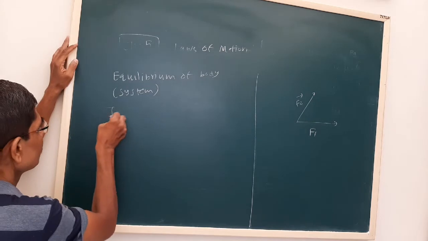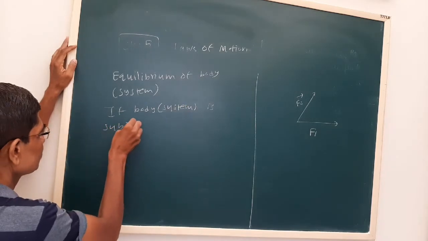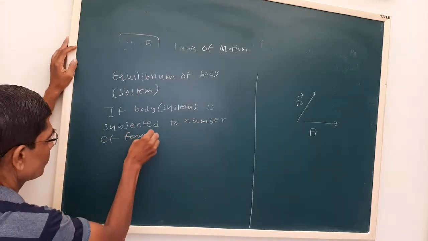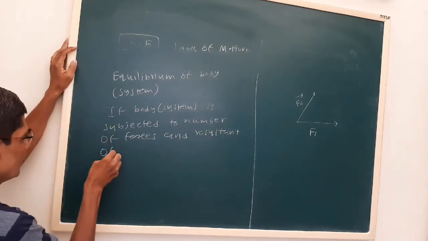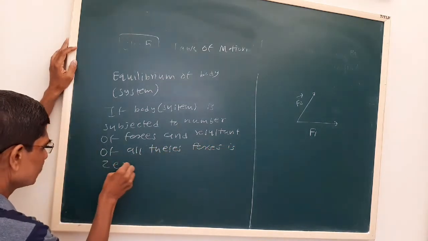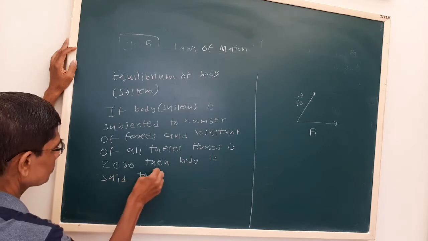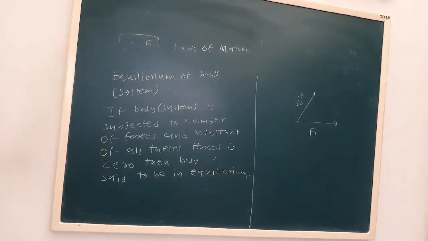If a body or a system is subjected to a number of forces and the resultant of all these forces is 0, then the body is said to be in equilibrium.